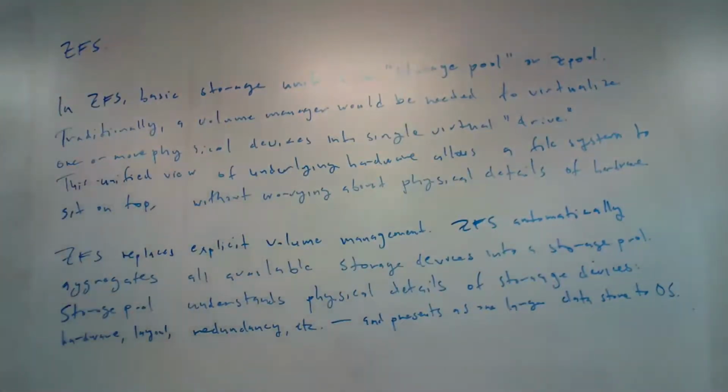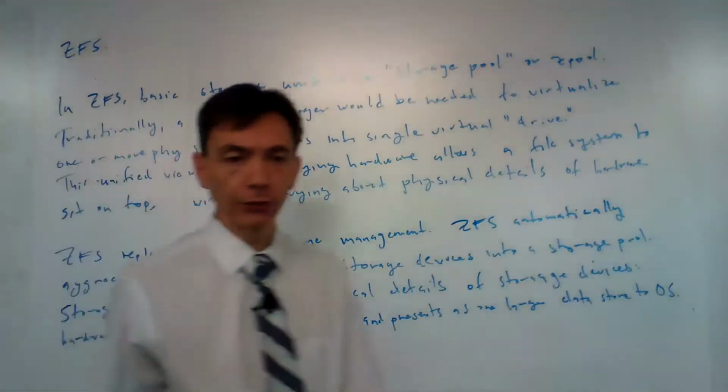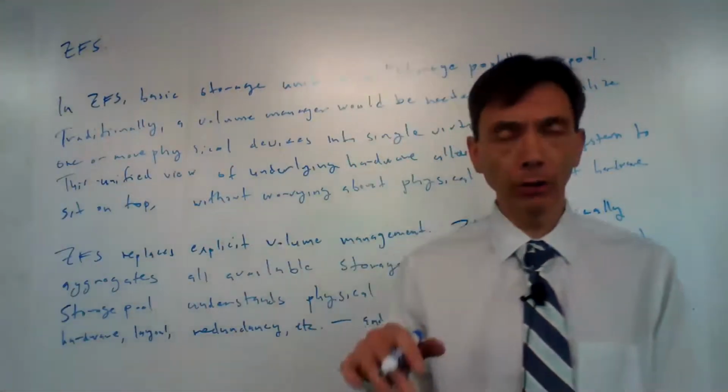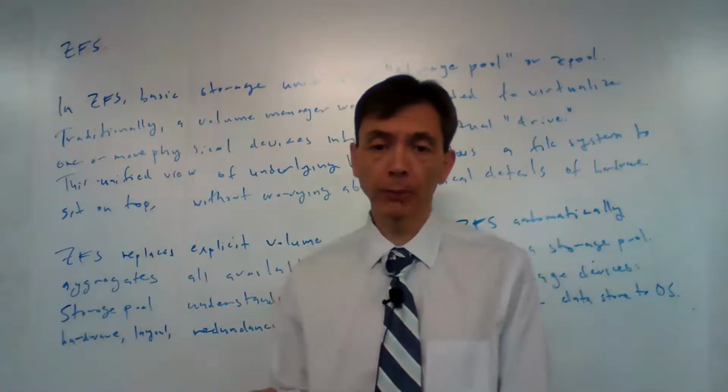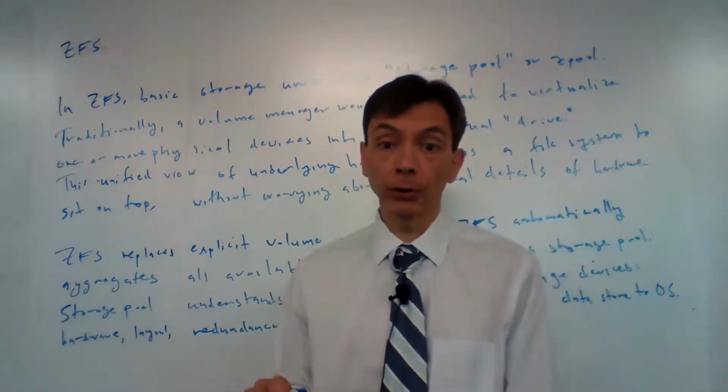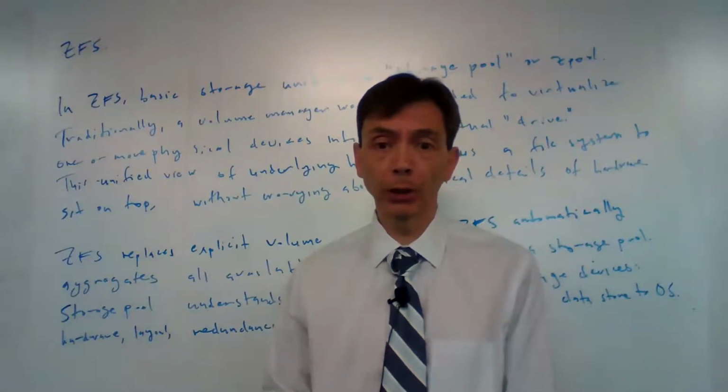Okay. So ZFS and its corresponding storage pool idea takes care of everything underneath the operating system. And so there's no volume management required, there's no setup required, and there's certainly no need for the operating system to understand anything at all about any of the physical properties, redundancy, layout, error correction, any of that kind of stuff that's happening underneath it. From the operating system's point of view, a ZFS storage pool just looks like a really big hard drive.